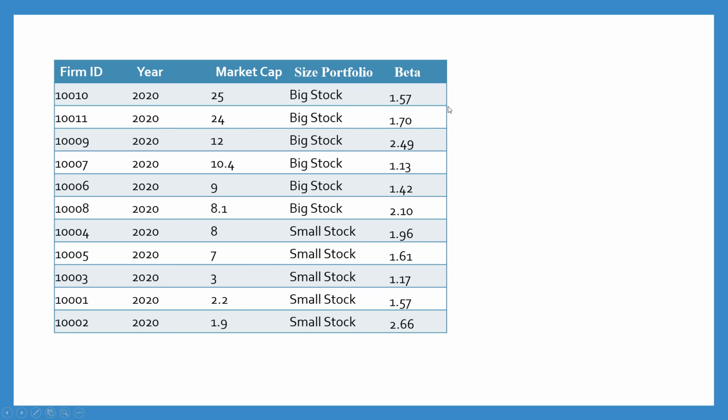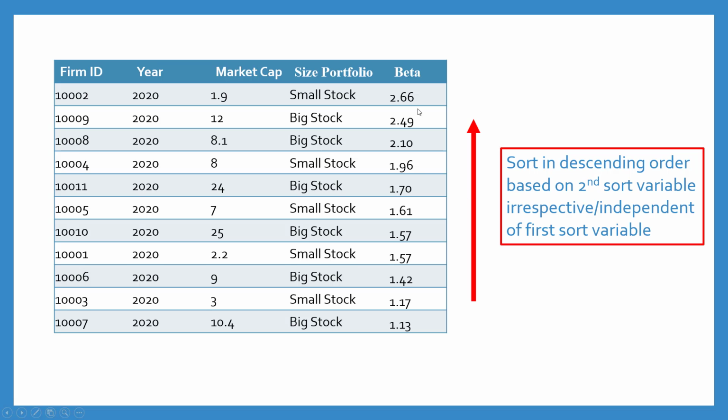Now let's take the beta of the stock, which represents the systematic risk of that stock. Because this is a bivariate portfolio, once we have formed this big and small portfolio, we have a second variable that we use to sort stocks into portfolios.